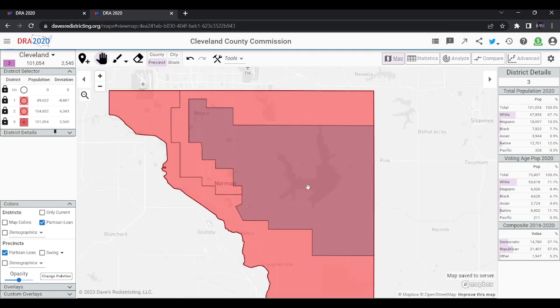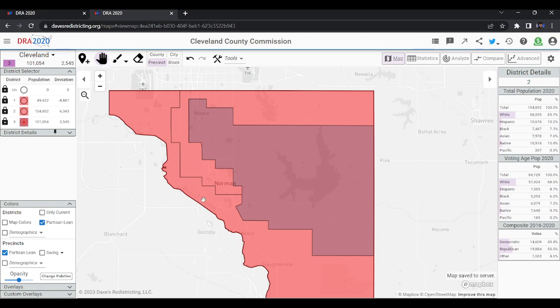So if we look at the composite here, now granted, Cleveland County has a bit of higher rate of third-party voting because there's a major university here, and major university areas tend to have a little bit higher third-party voting. But if we look at the dark red here, we can see it's an R+20 margin. We can look at the district right next to it, and it's an R+12 margin.